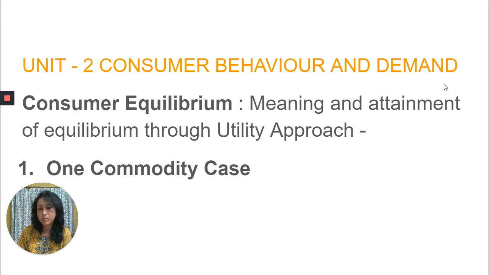We start off with the concept of consumer equilibrium of one commodity, and then consequently we'll follow it with two commodities. Okay, so I'm going to begin with consumer behavior.